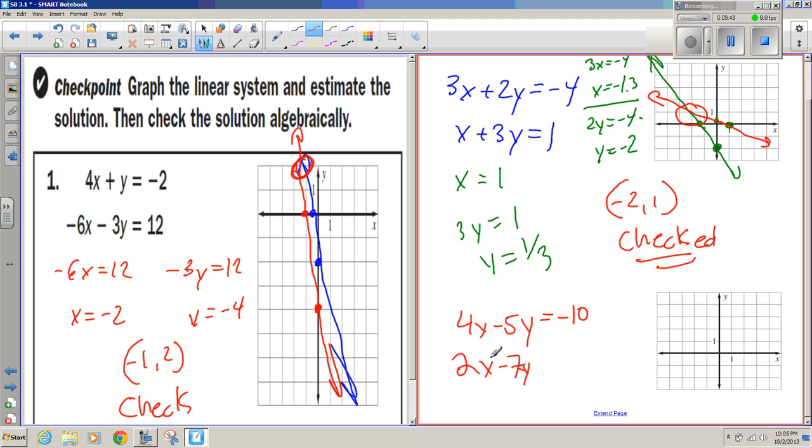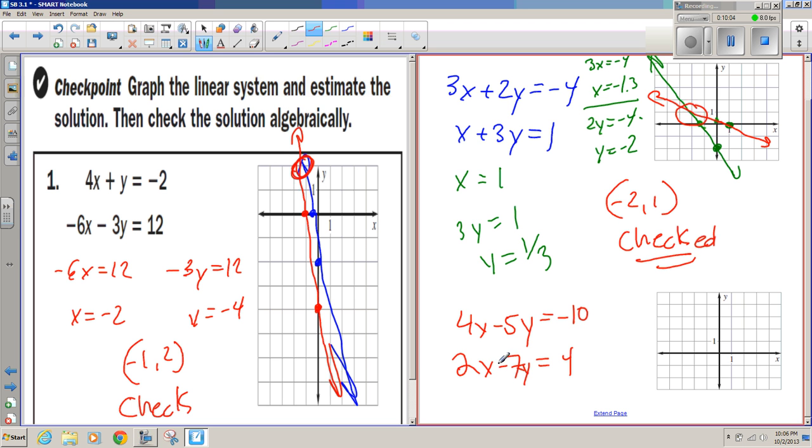So 4x minus 5y equals -10. 2x minus 7y equals 4. So we're supposed to solve this by graphing.